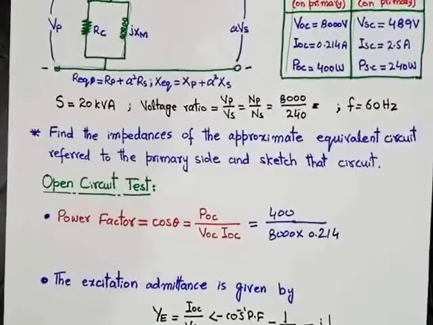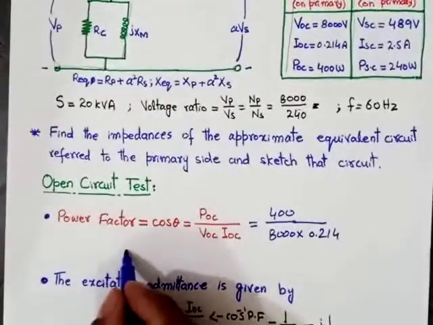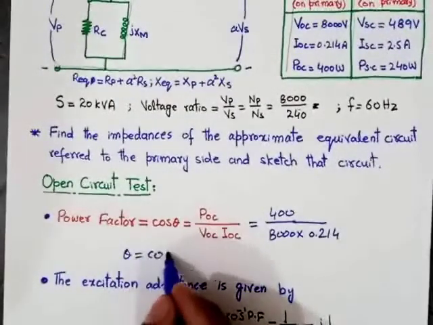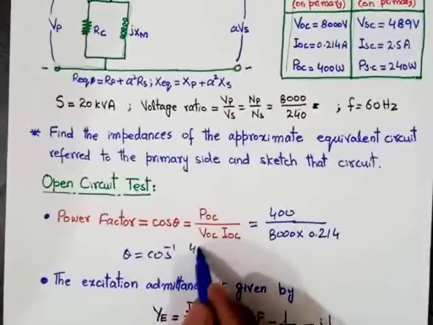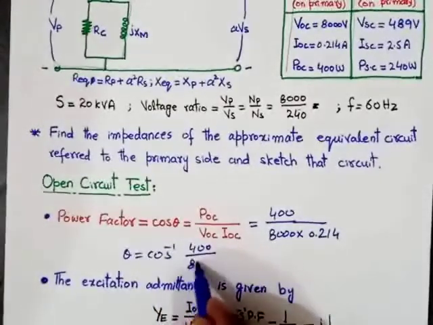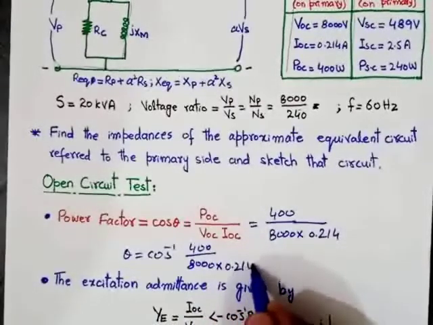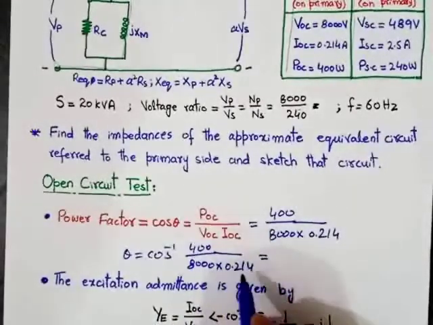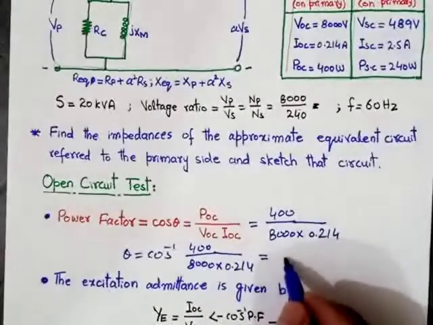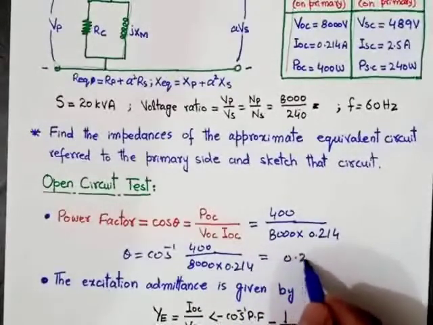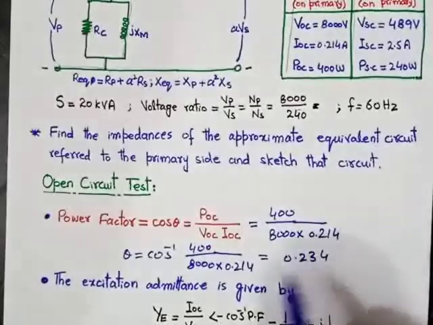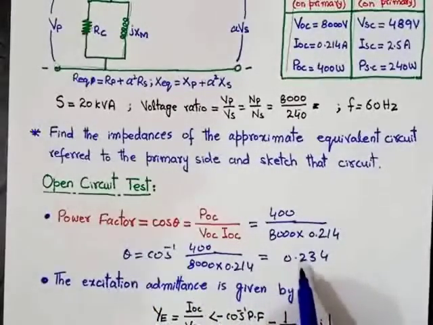So theta is equal to cos inverse of 400 divided by 8000 multiplied by 0.214. After solving this equation, we get 0.234.